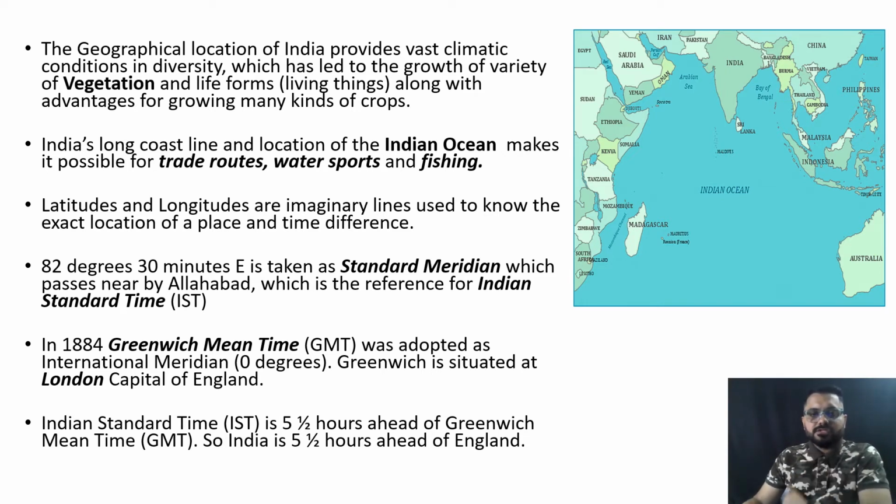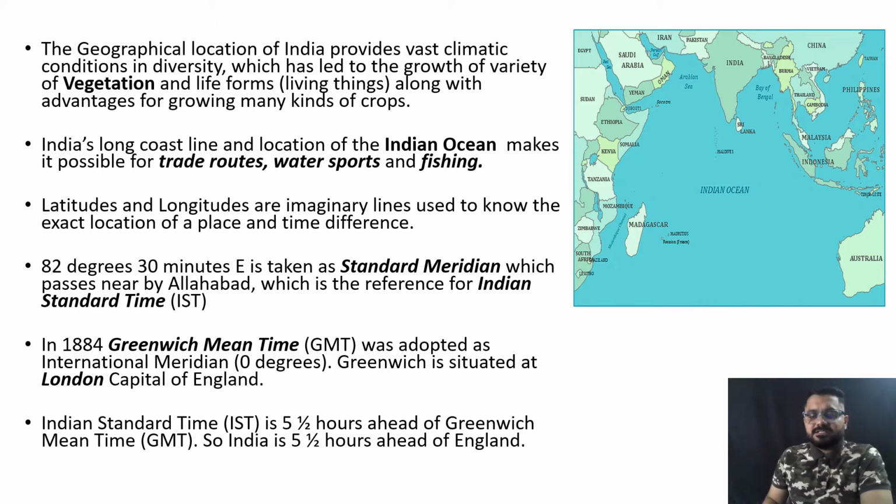The geographical location of India provides vast climatic conditions and diversity, which has led to the growth of a variety of vegetation and life forms, along with the advantages for growing many kinds of crops. Here, children, India is not just a land of cultural diversity or ethnic diversity, but India is also diverse in terms of climatic conditions.